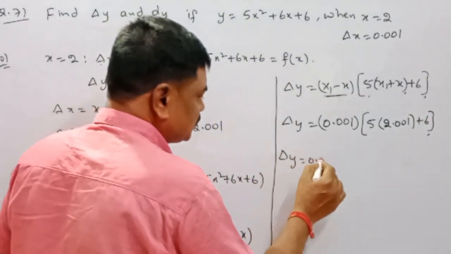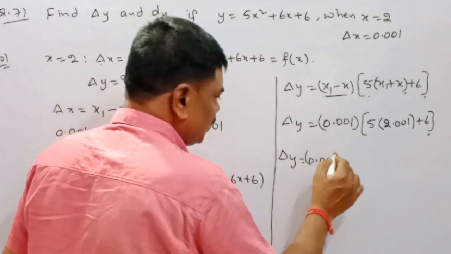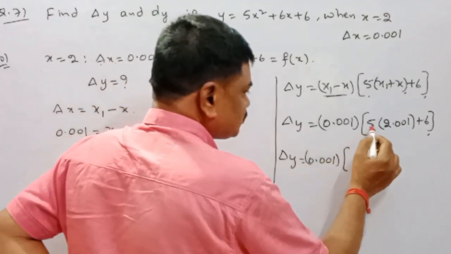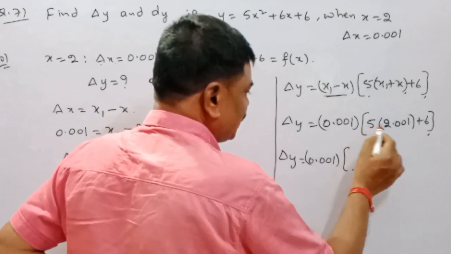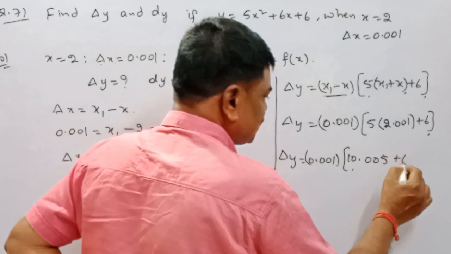Delta y is equal to 0.001 into, 5 into 4.001 is 20.005, plus 6.